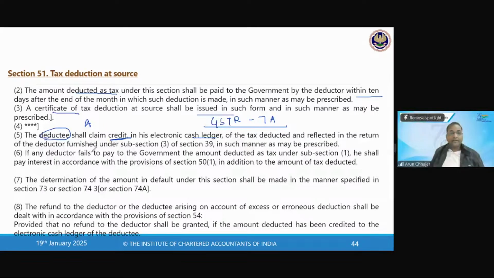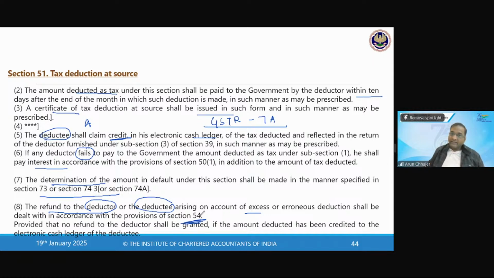I have already explained. अगर TDS नहीं deduct होता, then interest would be applicable. Then the penalty would be applicable, 73, 74, etc. Refund of the deductor or the deductee arising out of excess deduction shall be in accordance with section 54.